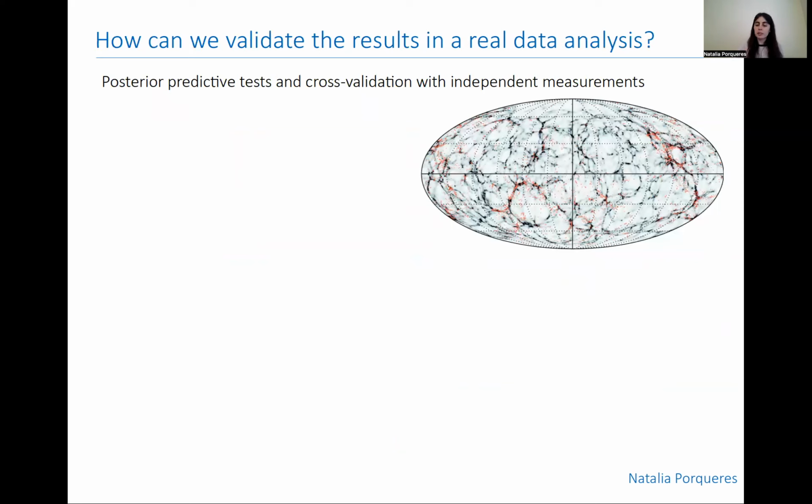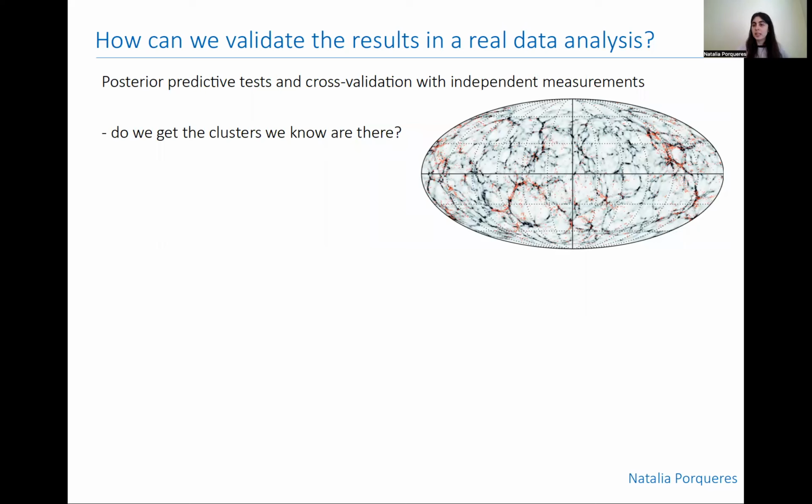So when we apply this to real observations, we are going to get a map of the dark matter distribution on the sky. And then we can use this map to ask questions and see whether our results are consistent with what we know of the dark matter distribution. We can ask, for example, whether the clusters that we know should be there are there.